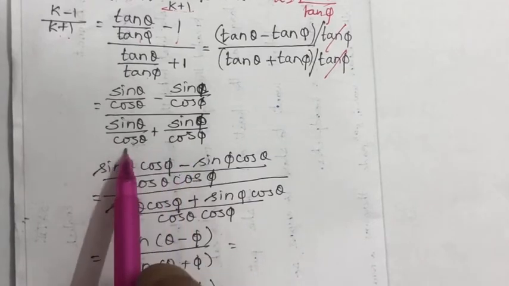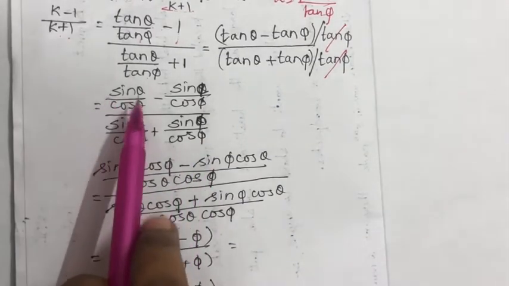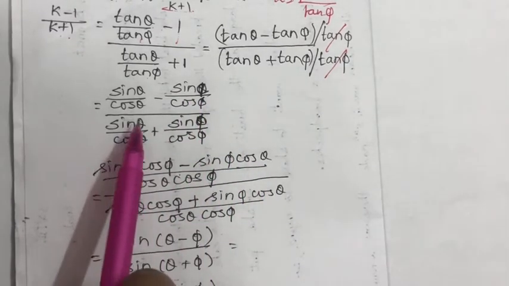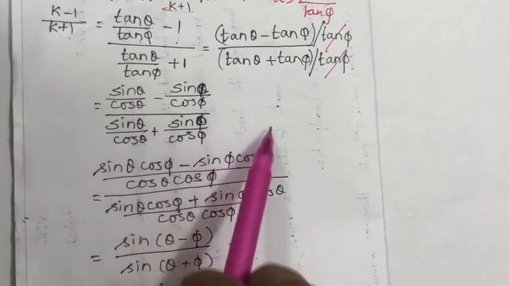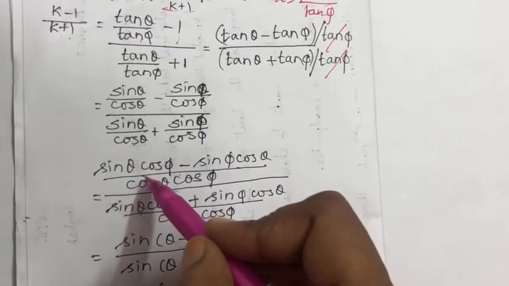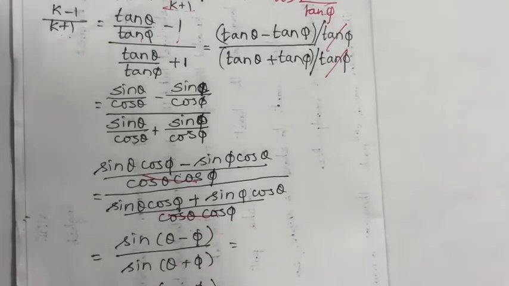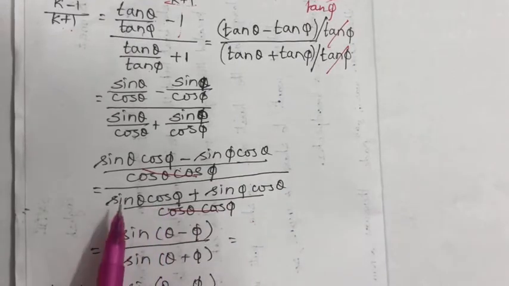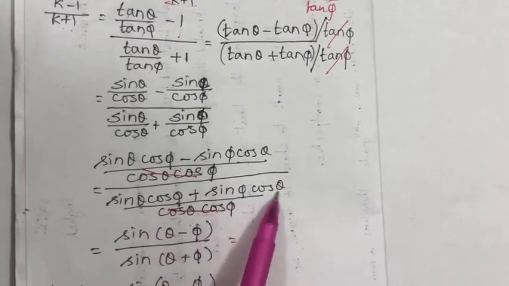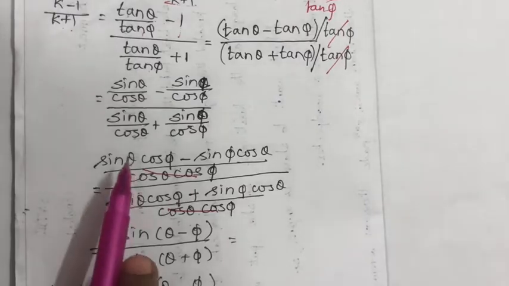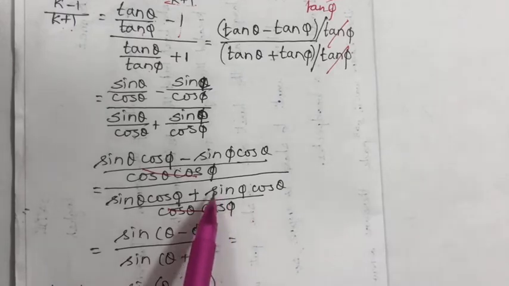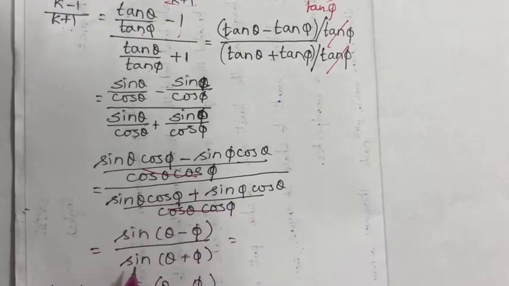Now, let's take cos theta cos phi as LCM. Similarly, in the denominator also cos theta cos phi. So, sin theta cos phi minus sin phi cos theta in the numerator, and in the denominator sin theta cos phi plus sin phi cos theta. So cos theta cos phi will get cancelled. So, sin(A minus B), that is sin(theta minus phi). Similarly, here also sin(A plus B), that is sin(theta plus phi).